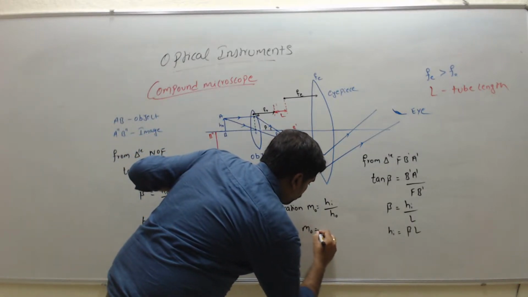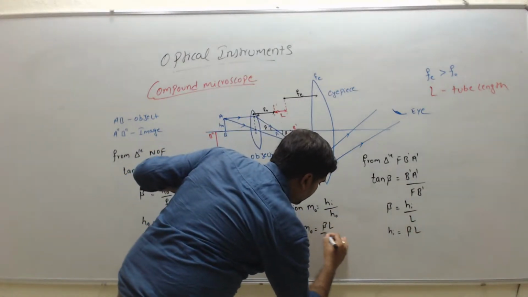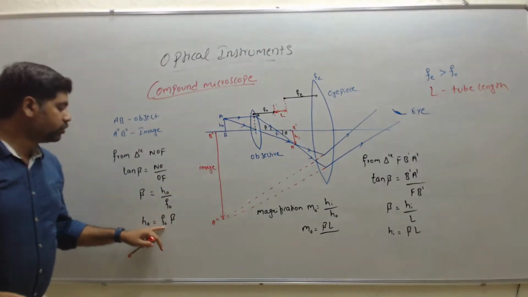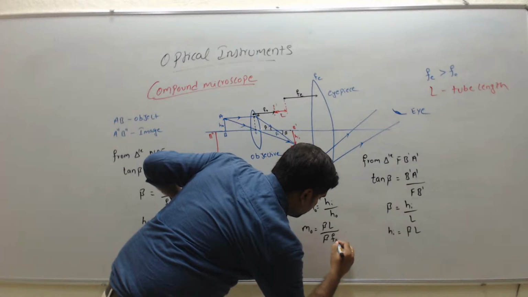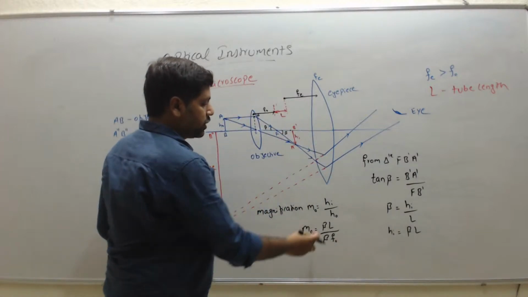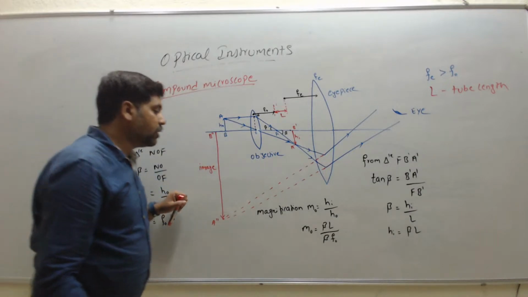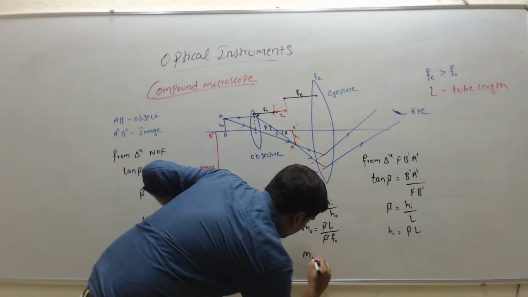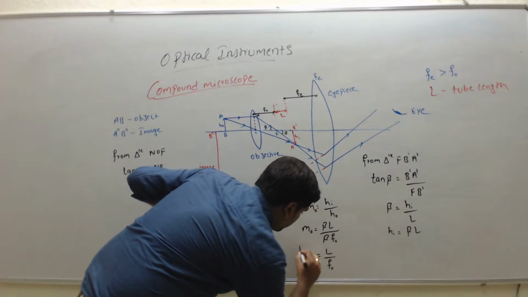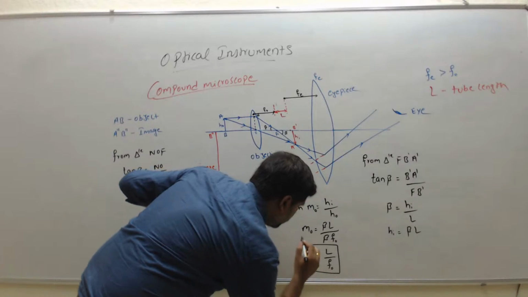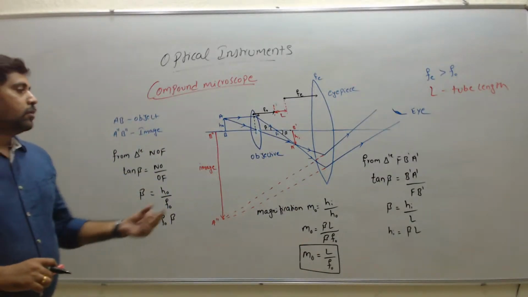Then MO is equal to beta L divided by beta into focal length of the objective. In the numerator and denominator we have the same beta, then the magnification of the objective MO is equal to L divided by FO. So this is the magnification of the objective.